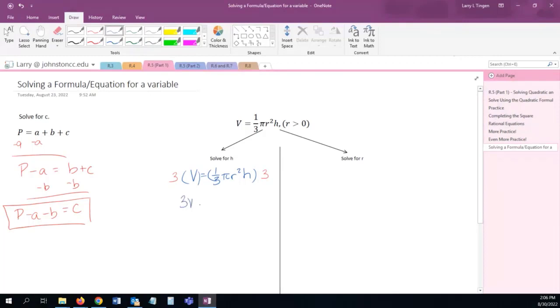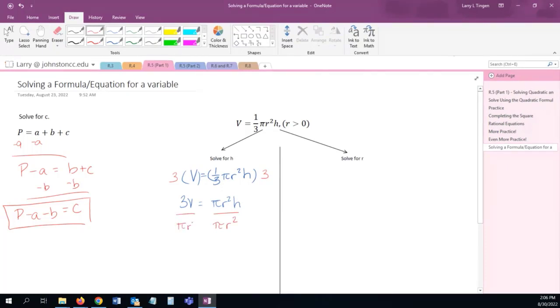And now I'm looking at 3v is equal to pi r squared h. Okay? Pi r squared h. None of that is added. That is all multiplied. So to get rid of it, I need to do the opposite of multiplication, which is division. So I'm going to divide both sides by pi r squared.